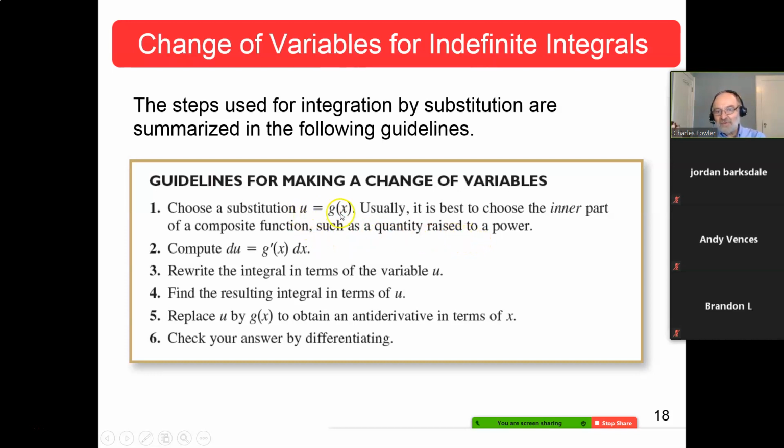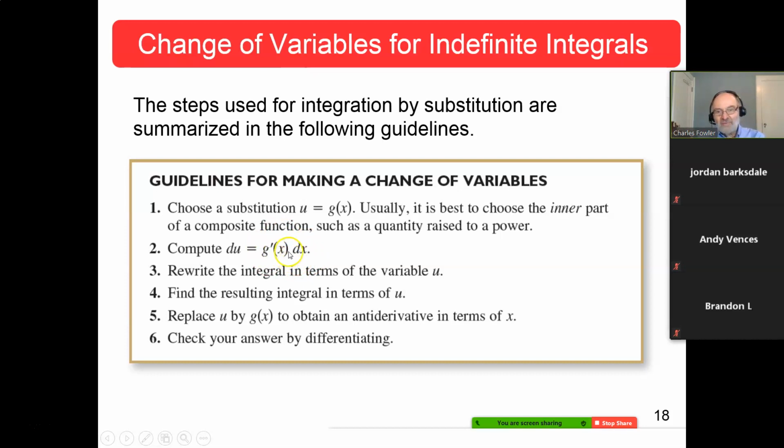So once you get the u, then do du. Let u equal this, then du is equal to whatever the derivative of that innermost part is, with a dx after it. Now, hopefully then, you can rewrite the integral in terms of the variable u. Hopefully, something here will look like what's inside the integrand.